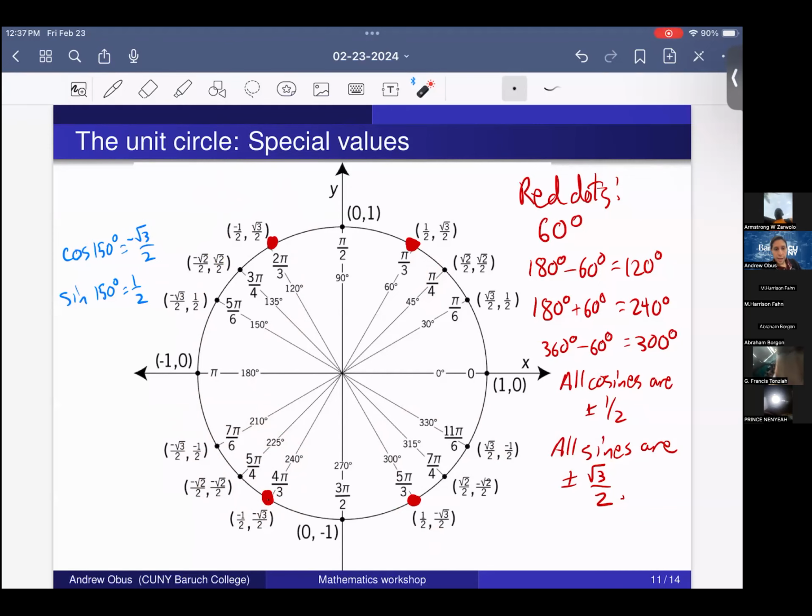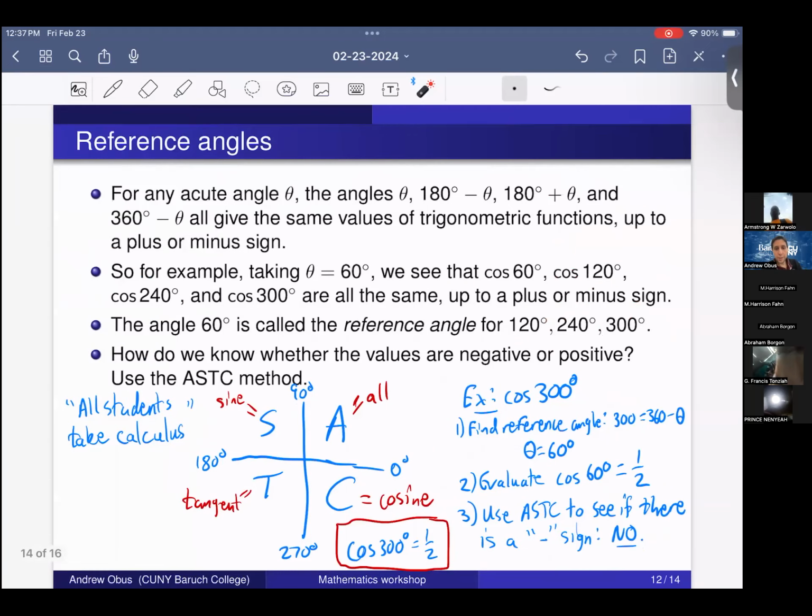All right. Any questions about how we do these evaluations for large angles like 300 degrees? Okay.